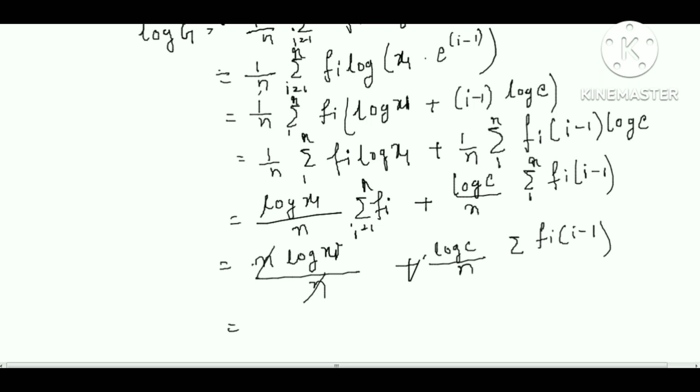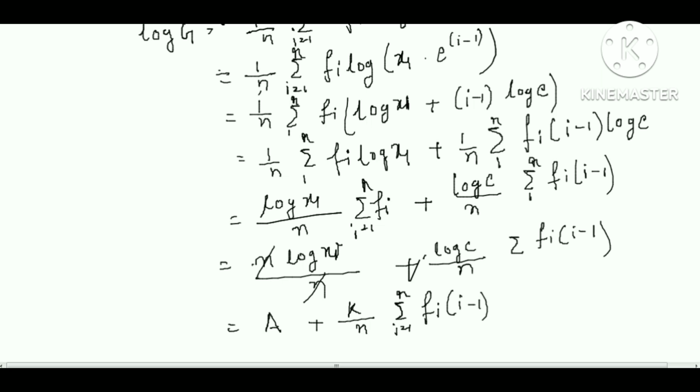Now we have told in our problem that the logarithm of the first class mark is capital A, plus the logarithm of the constant ratio is small k, divided by n summation i ranging from 1 to r f_i into (i minus 1).